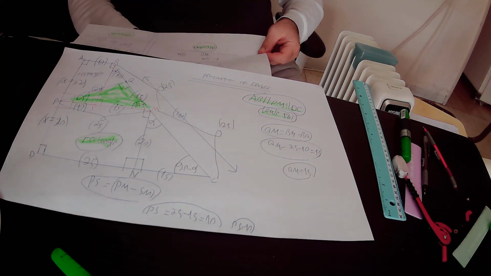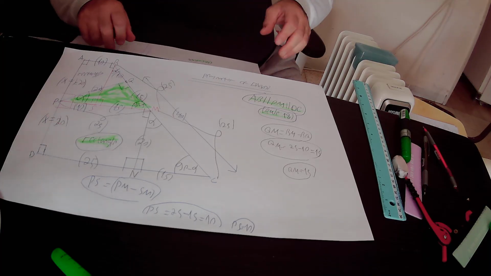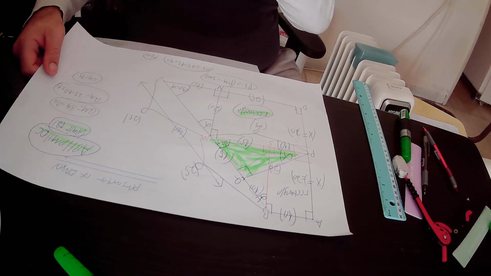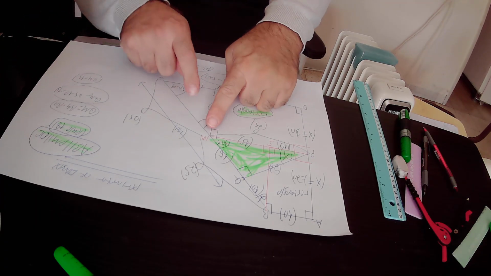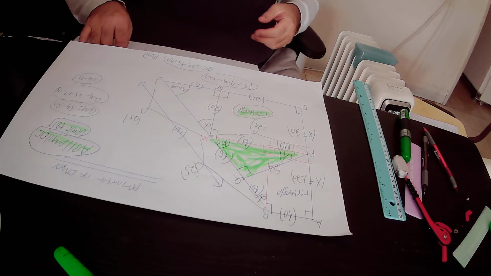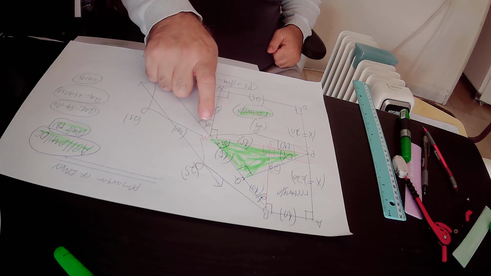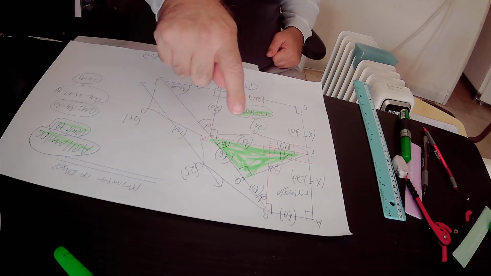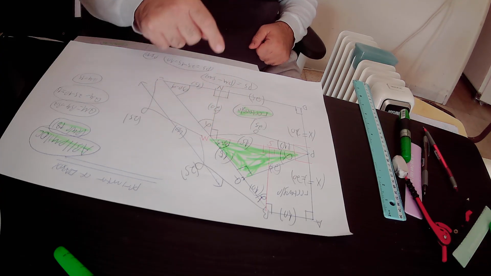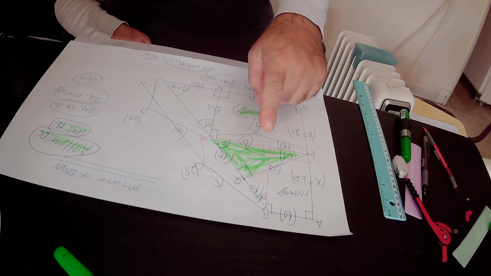So actually, side MC equals side BM. That is to say that point M is the midpoint of BC. Why is point M the midpoint of BC? Because at point M, BC has been bisected into two halves.